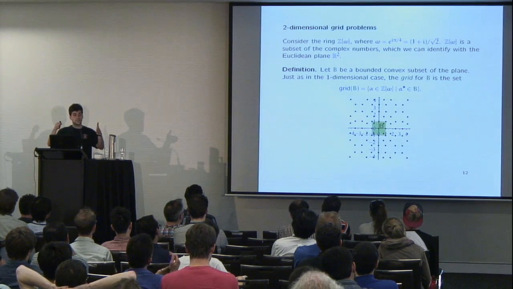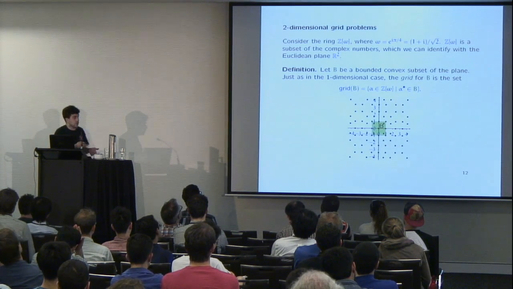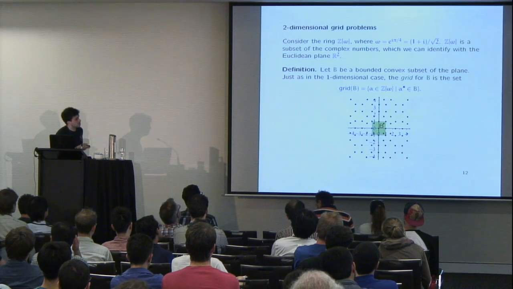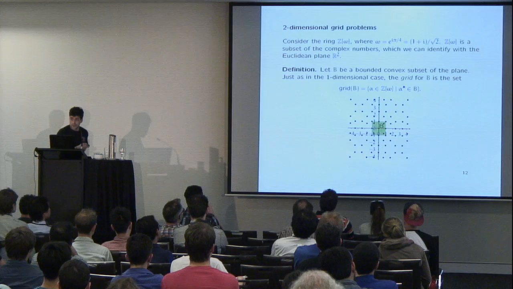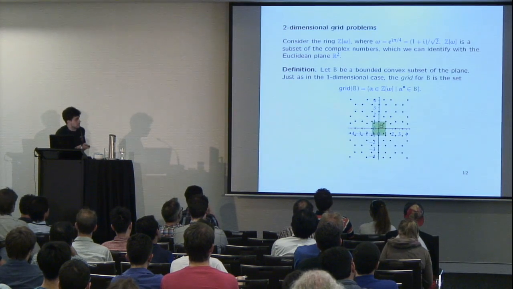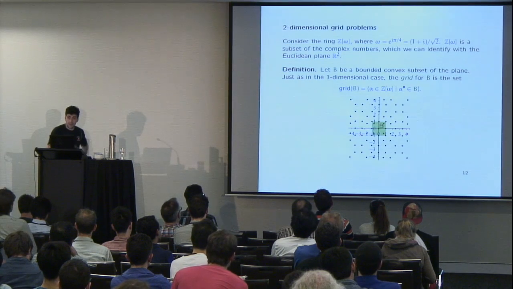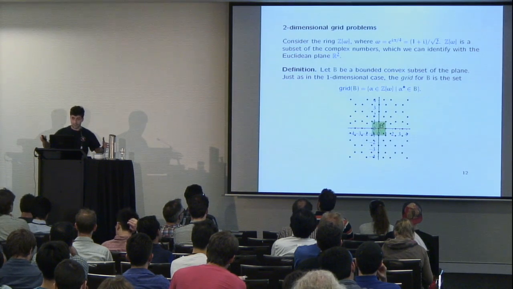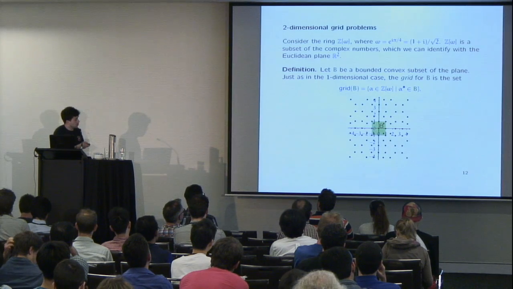So instead of considering intervals, like we did in the one-dimensional case, we're now going to consider convex sets: bounded convex sets with non-empty interior. But the definition of the grid is essentially the same. You look at this convex set B here, and you consider all the elements of Z[ω] whose bullet lies inside of B. This, again, forms an infinite and discrete subset of the plane, which is represented here.